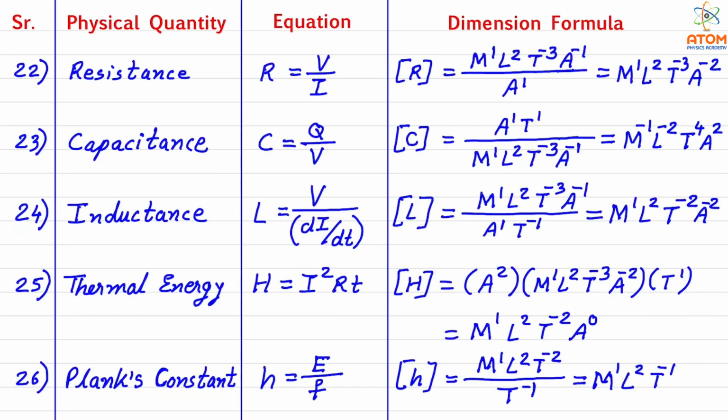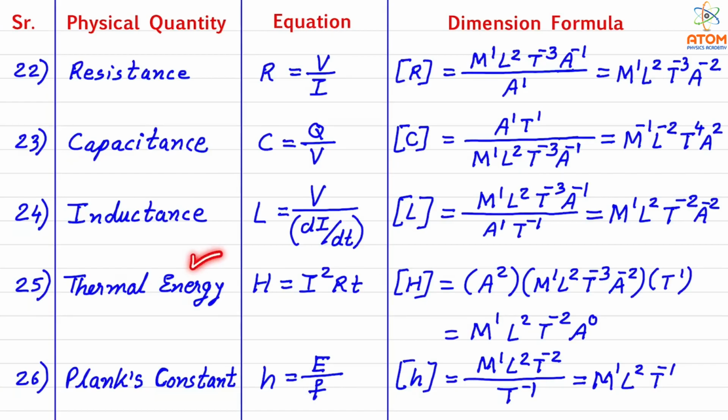First I will put the dimension formula of V, which you already sorted out: M1 L2 T-3 A-1. Then comes dI by dt, where I is current, that's why A1, and dt is time, so I have to write T-1. Solving this, we will get M1 L2 T-2 A-2. This is the dimension formula for inductance.